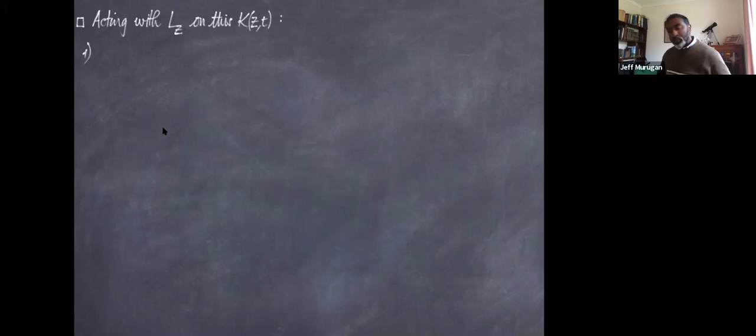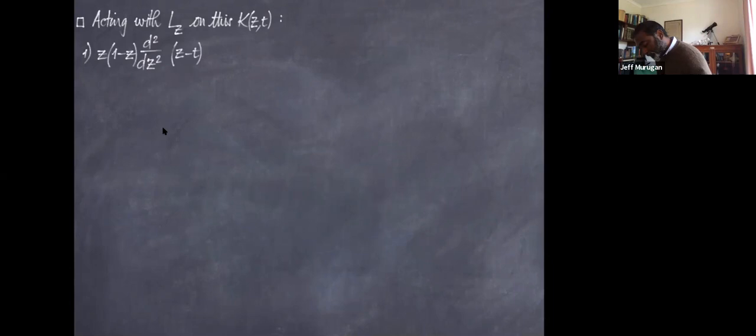First one is the term that looks like Z times 1 minus Z times the second derivative squared acting on Z minus T to the S. Two derivatives pulls down a factor of S and S minus 1.